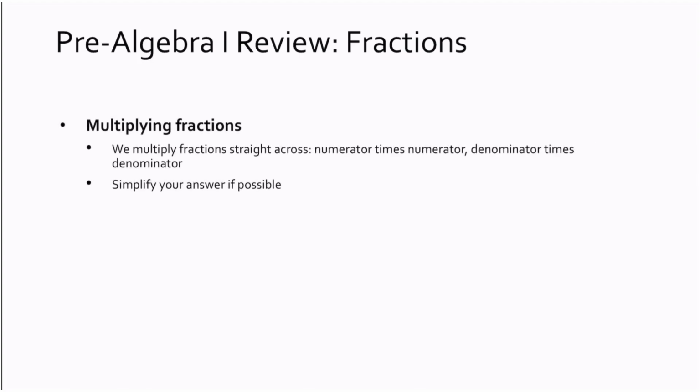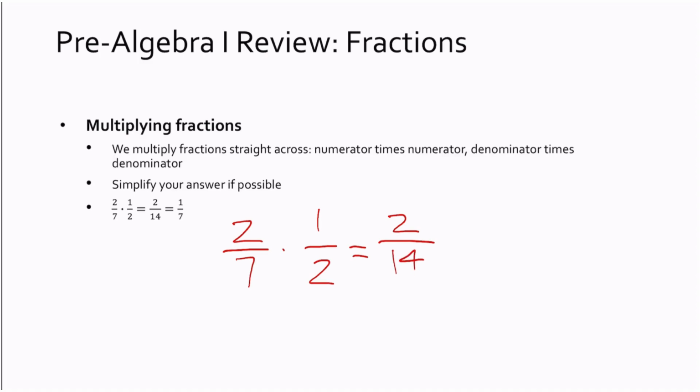Now when I multiply fractions, I multiply straight across. The numerator times numerator, denominator times denominator, and simplify if possible. So for example here, I have 2/7 times 1/2. And I'm multiplying straight across. 2 times 1 is 2. 7 times 2 is 14.